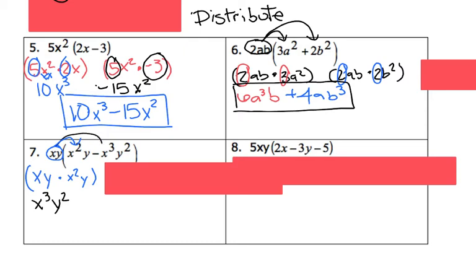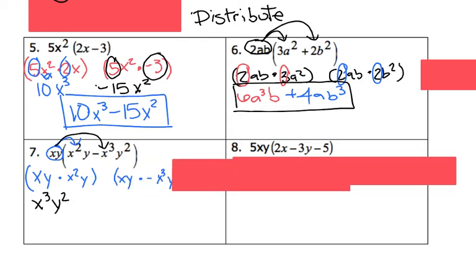Now let's go to the next one. So now it's xy times negative x cubed y squared. So all of that, let's see what we get. x times a negative x cubed, so obviously the answer is going to be negative.